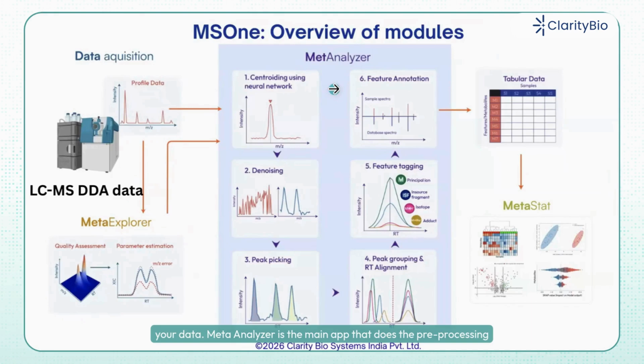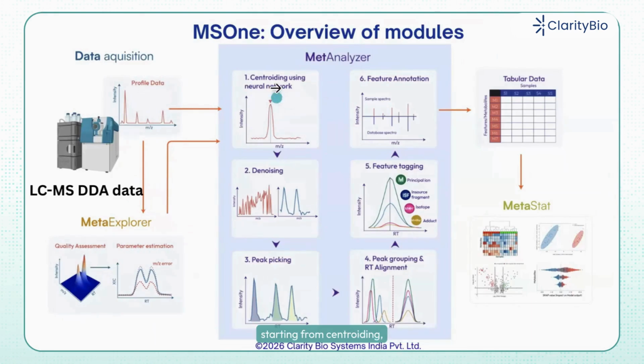Meta Analyzer is the main app that does the pre-processing, starting from centroiding, denoising, peak picking, then peak grouping, feature tagging such as principal ion, isotope, in-source fragment, etc. Then annotation, giving a name to the feature, and that naming can be at MSI level 2, 3, etc. Or even MSI level 1, depending on if the user already has that type of annotation.